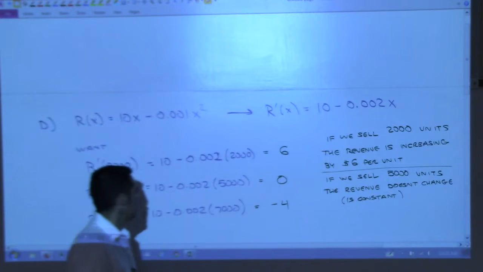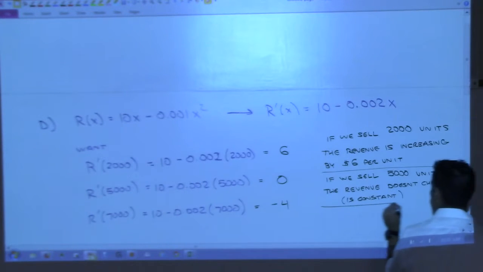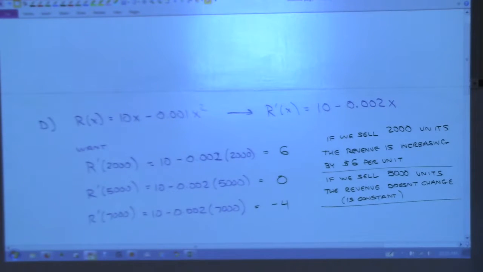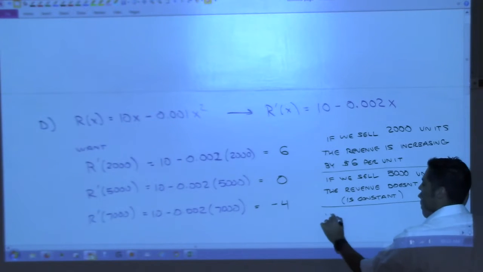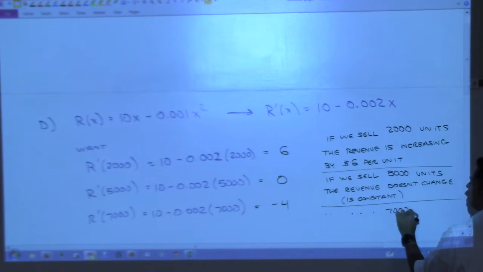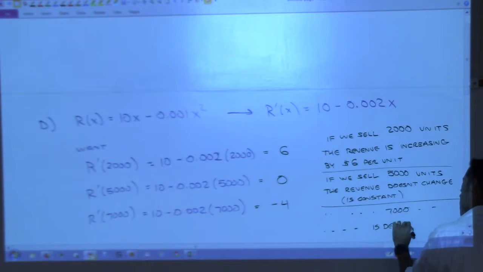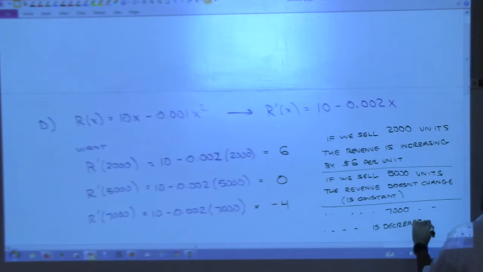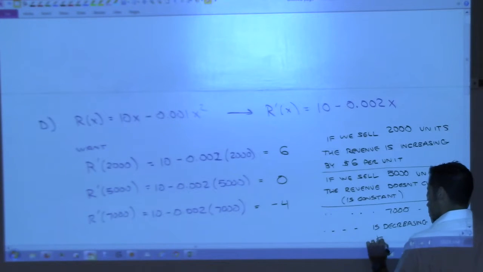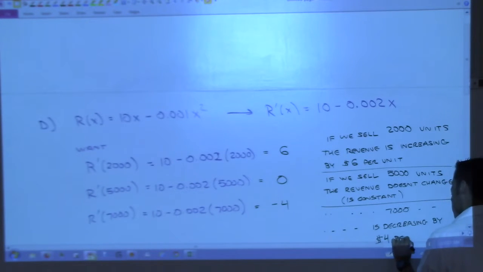And then finally, what happens if we sell 7,000? So if we sell 7,000 units, then the revenue is decreasing by $4 per unit.